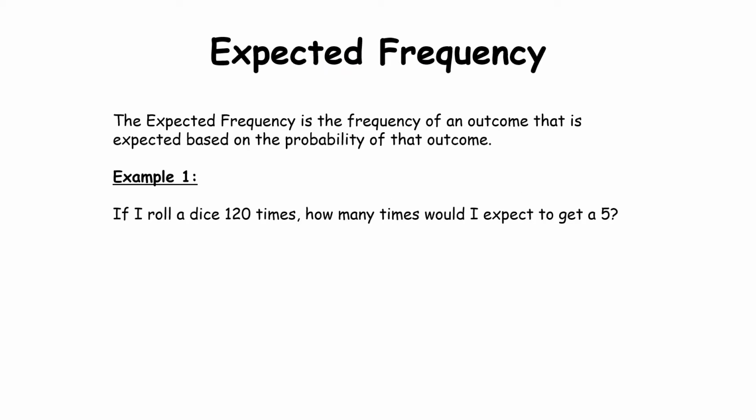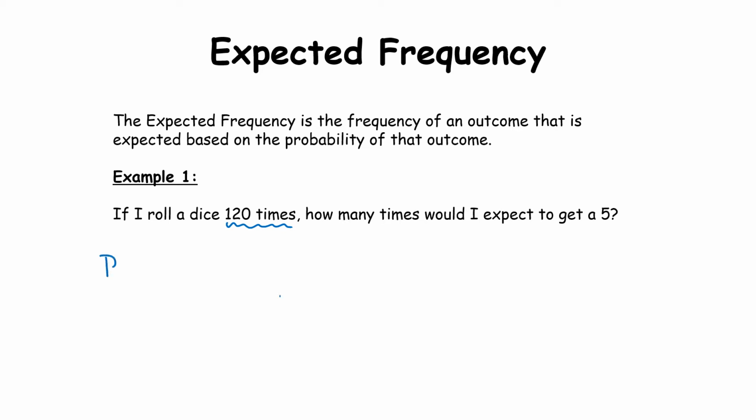So expected frequency, let's break that down. Expected, so what do you expect? And frequency is the number of times. So expected frequency is the frequency of an outcome based off the probability. So let's think about this example. If I roll a dice 120 times, how many times would I expect to get a 5?